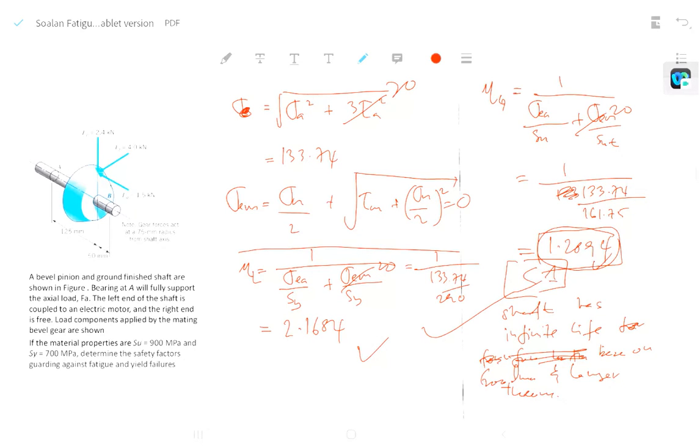But it does not actually happen, right? This is a prediction. Forever, the running material will last. The material of the shaft will sustain, no crack will occur at that particular point, because we consider that the critical point is in the fillet between the smaller and the larger shaft.